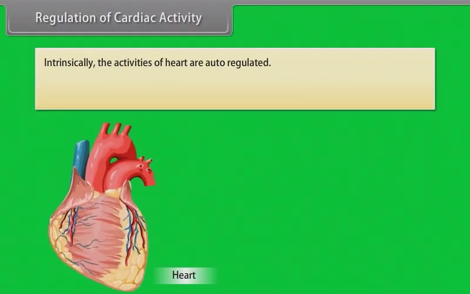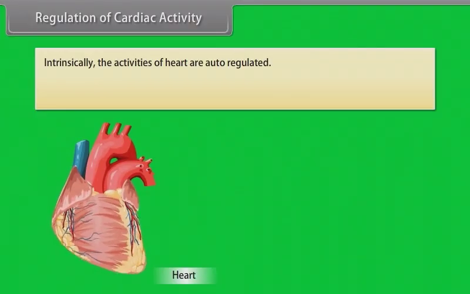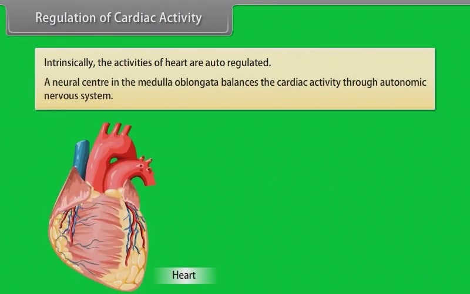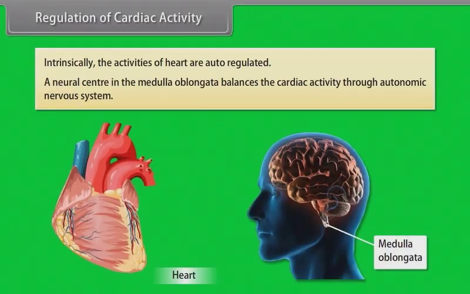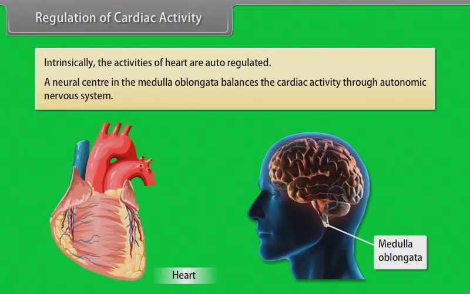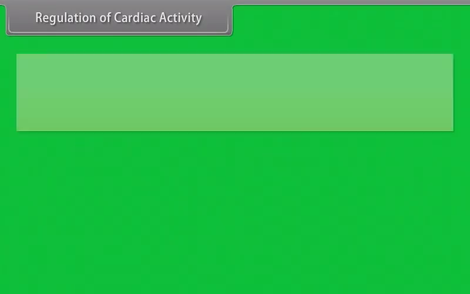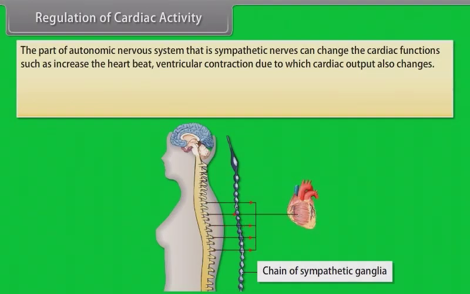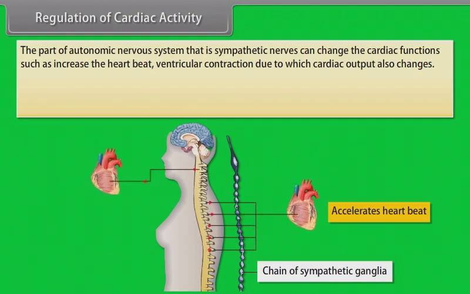Regulation of cardiac activity. Intrinsically, the activities of the heart are auto-regulated. A neural center in the medulla oblongata balances the cardiac activity through the autonomic nervous system. The sympathetic nerves, a part of the autonomic nervous system, can change cardiac functions, such as increasing the heartbeat and ventricular contraction, due to which cardiac output also changes.